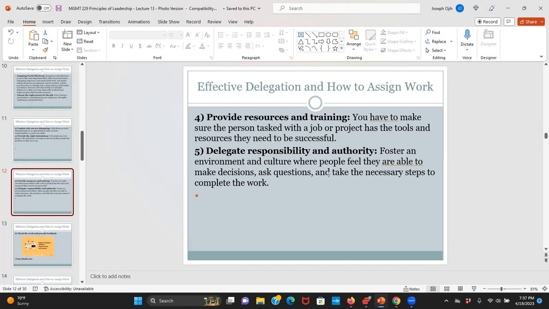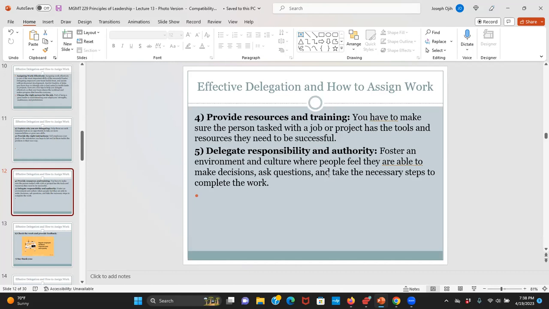And the fifth tip is to delegate responsibility and authority. Leaders and managers who fail to delegate responsibility in addition to specific tasks eventually find themselves reporting to their subordinates or doing some of the work instead of the employees doing it.